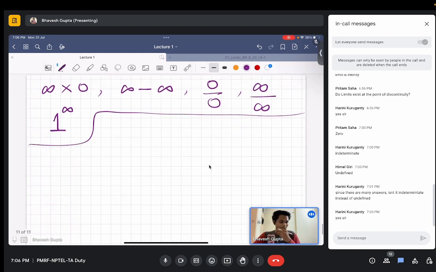For example, the theory of relativity: nothing can travel faster than the speed of light, right? In order to justify this theory, indeterminate forms play a super important role.